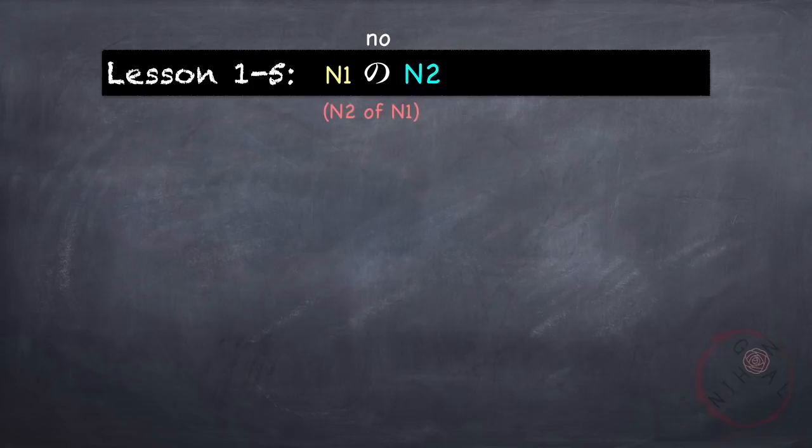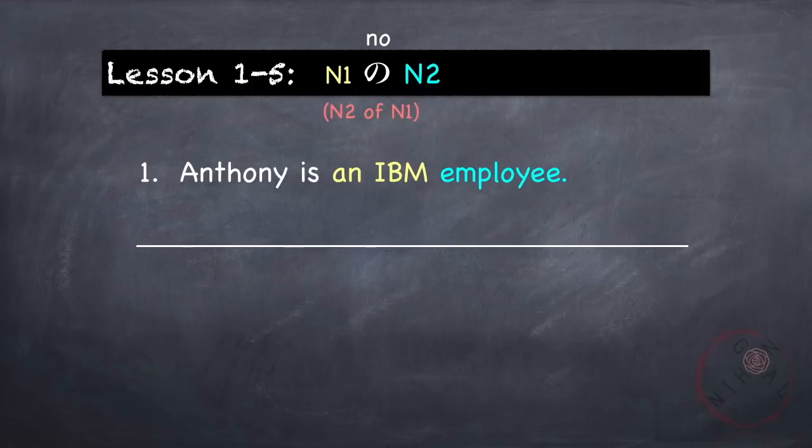This grammar pattern has many uses, so we'll focus on this one, N2 of N1. So let's look at this example. Anthony is an IBM employee. So IBM is N1, employee is N2. Anthony wa, so again, N1 wa N2 desu.